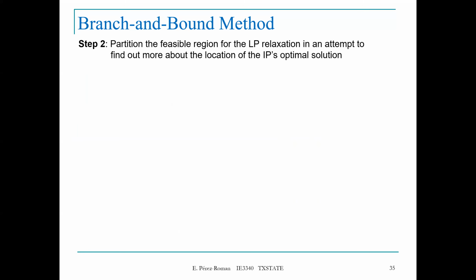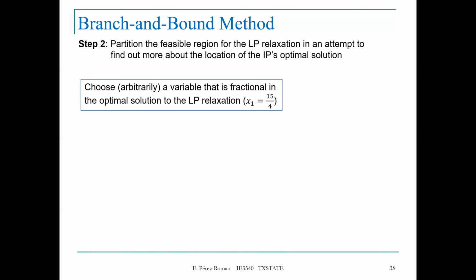So now we move to step 2, which is to partition the feasible region for the LP relaxation in an attempt to find out more about the location of the integer program optimal solution. You choose arbitrarily a variable that is fractional in the optimal solution for the LP relaxation. So arbitrarily we select x1, x1 equals 15/4.